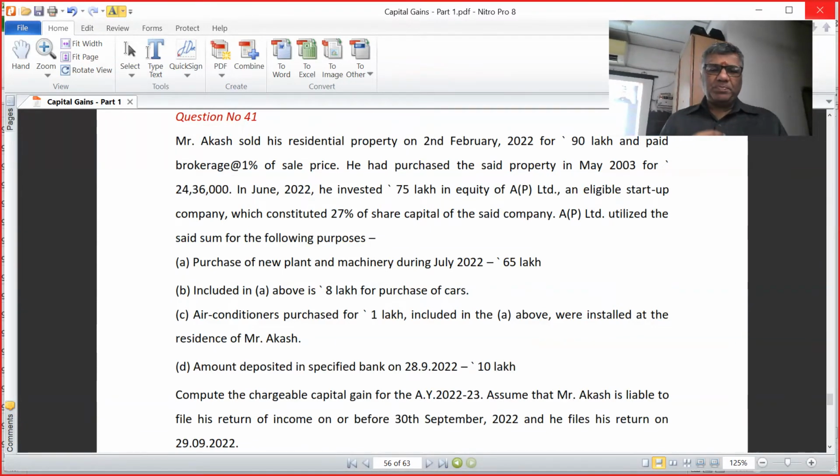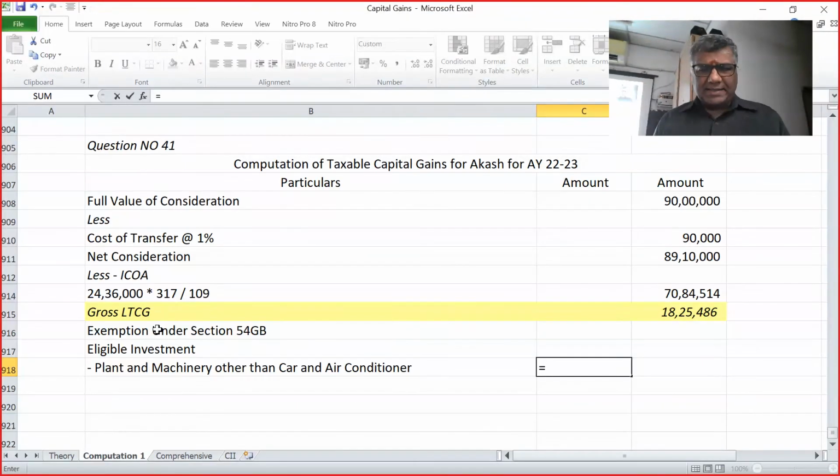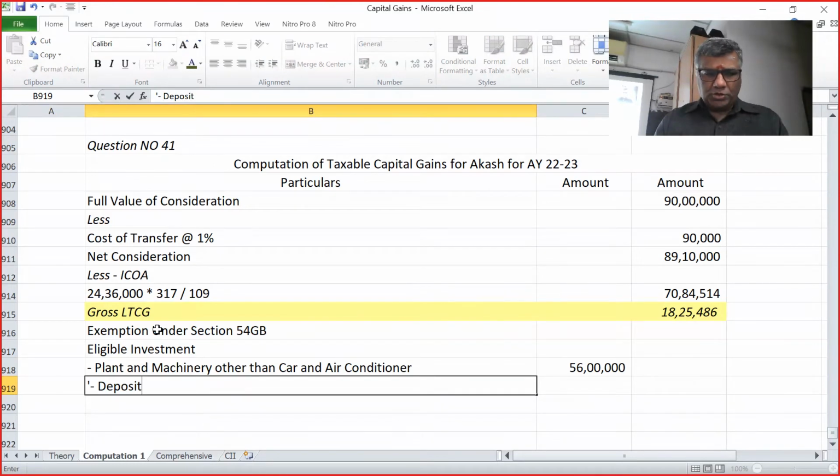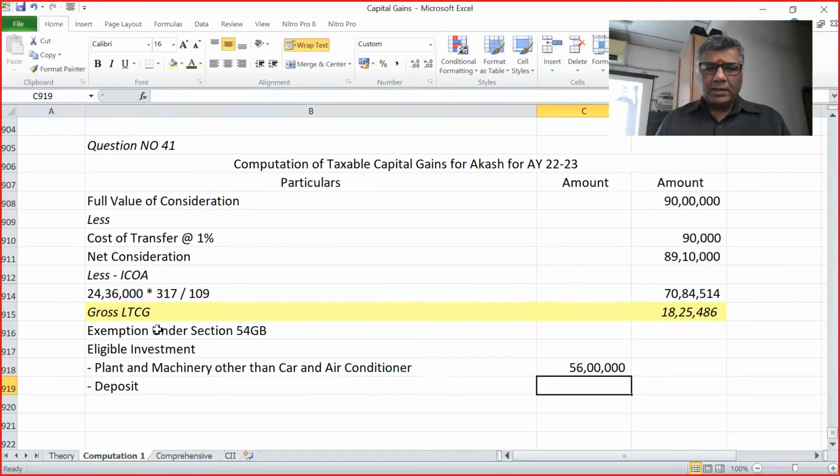Eligible investment: 65 lakhs minus 8 lakhs minus 1 lakh. Eligible investment is 56 lakhs. Deposit is 10 lakhs.